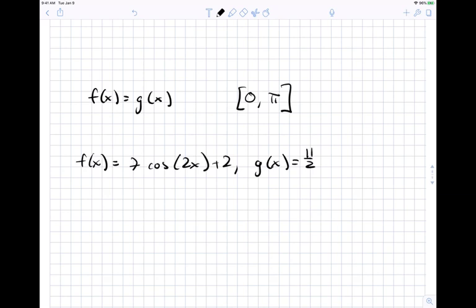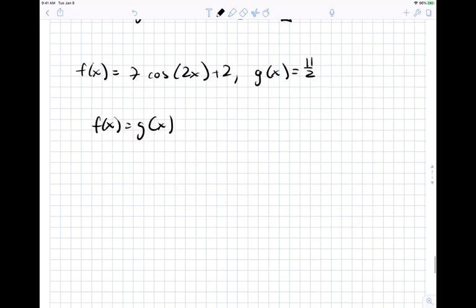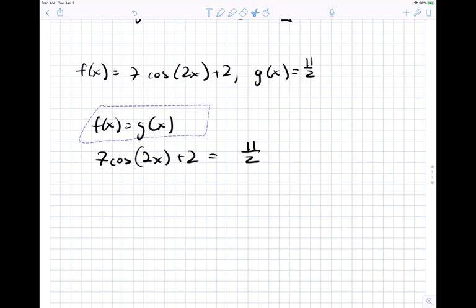I'll do my best with this and then we'll wrap it up. So now we need to solve f of x equal to g of x. Let's do 7 cosine of 2x plus 2 and set that equal to 11 over 2. And we want to get all the solutions from 0 to pi, right?